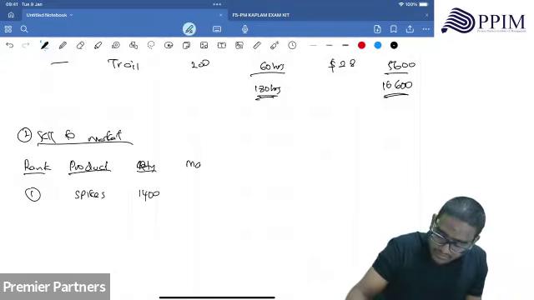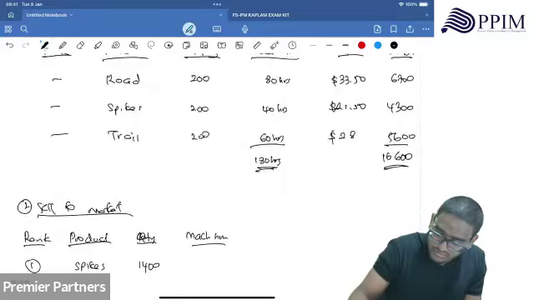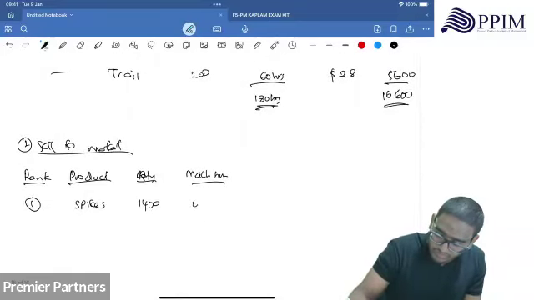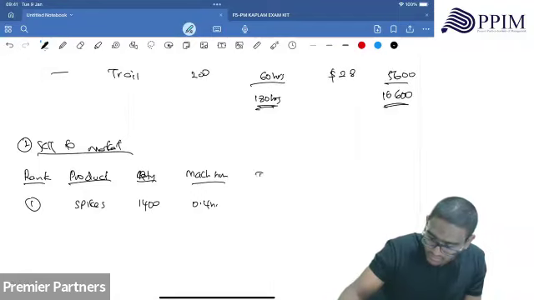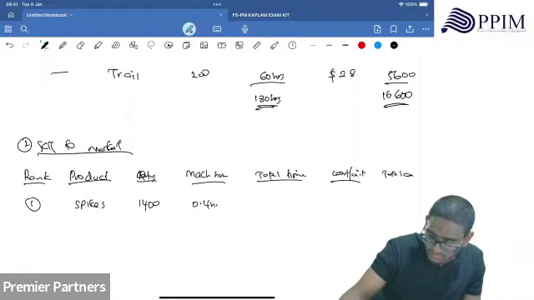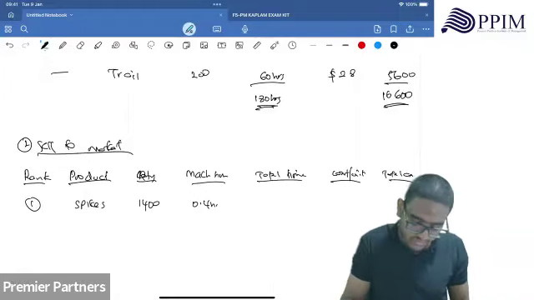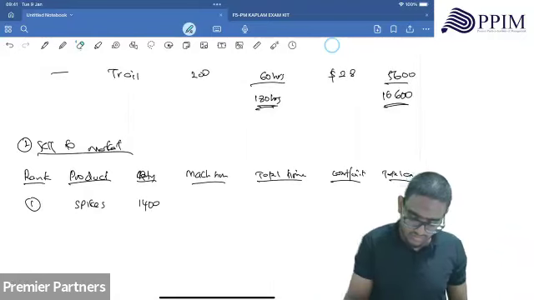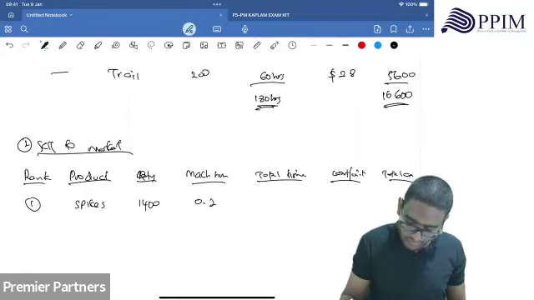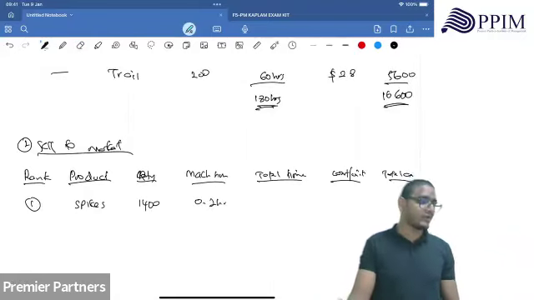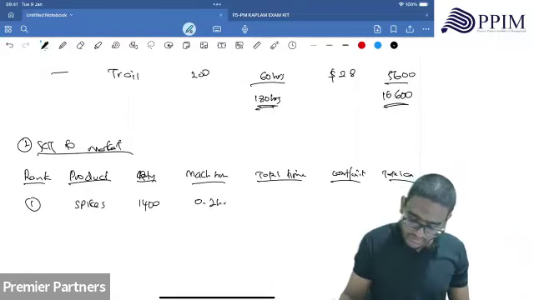Right, machine time per unit is 0.2. Total machine time, contribution per unit and total contribution. Sorry, 0.2 hours. 0.4 was the other one, road. So 1,400 into 0.2 will give you 280.